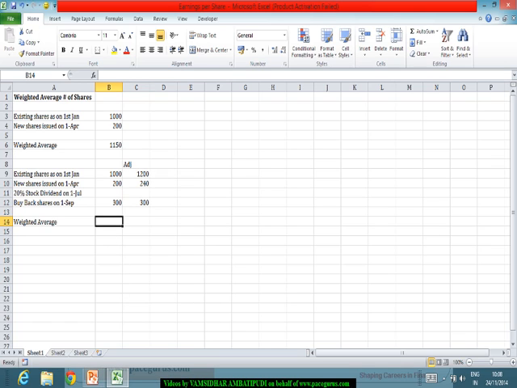Now, if I have to compute the weighted average, it's as good as saying 1200 shares are there for 3 months. I can very well write 3, and we'll divide the whole thing by 12.